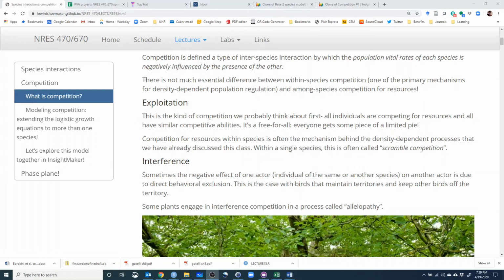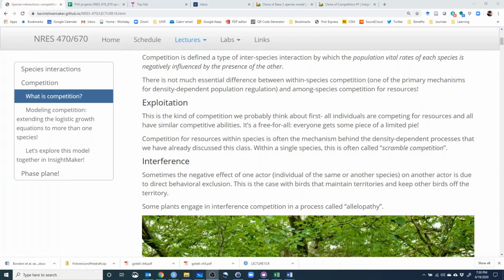The other is called interference competition, and this can happen within species, but often happens among species. This is where the negative effect of one actor, an individual of either the same or another species, on another actor in an ecological system is due to direct behavioral exclusion. All right?